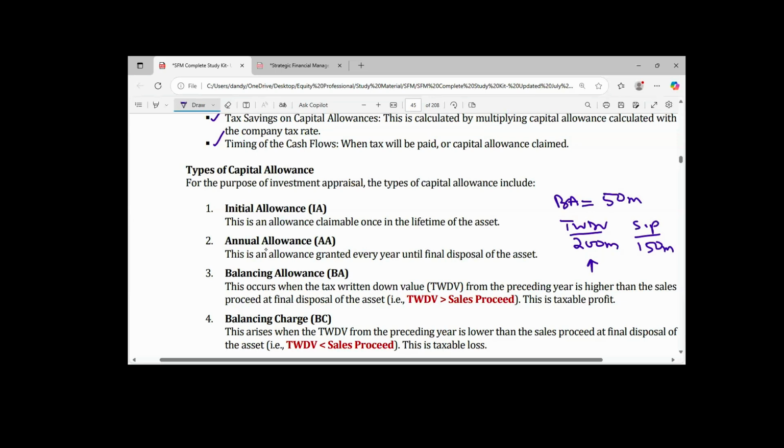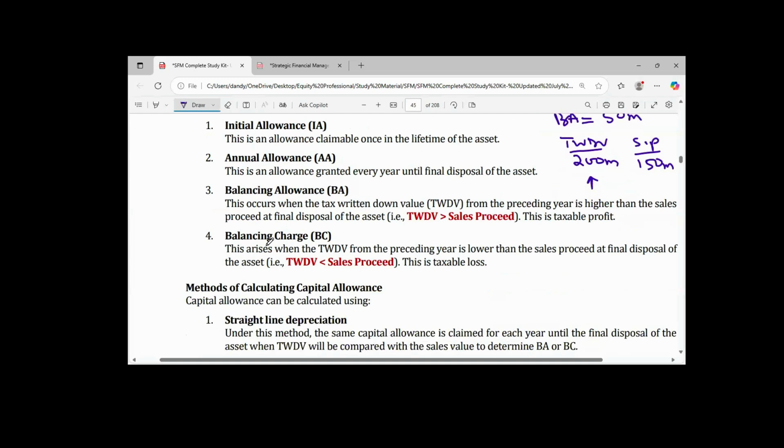Okay, then the balancing charge is similar to balancing allowance, only that balancing charge occurs when the tax written down value from the preceding year is less than the sales proceeds. Again, say for example, you have a tax written down value of 200 million.